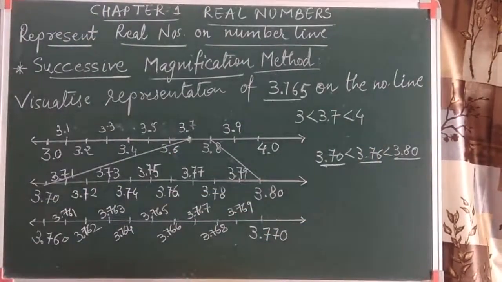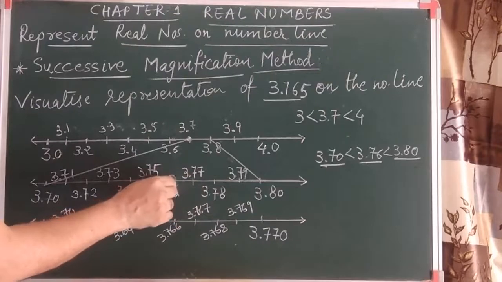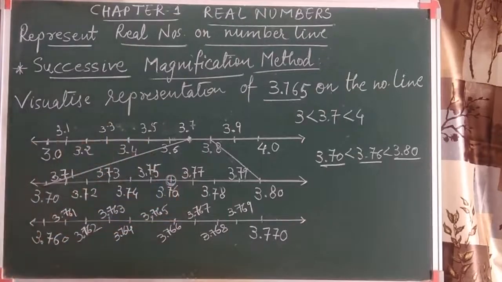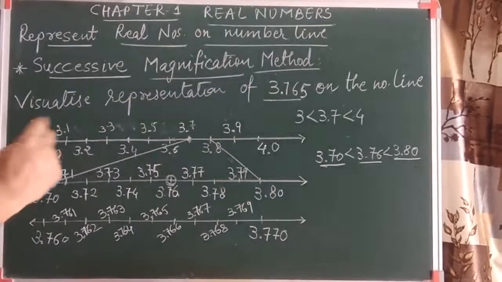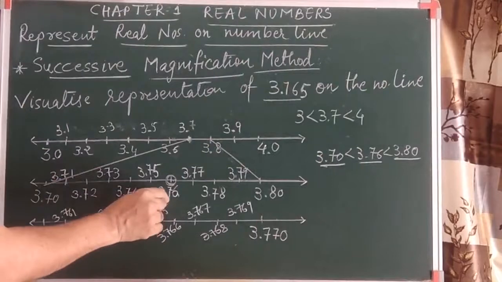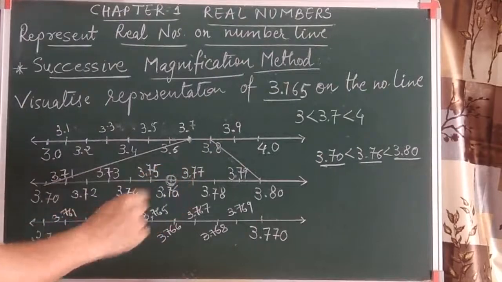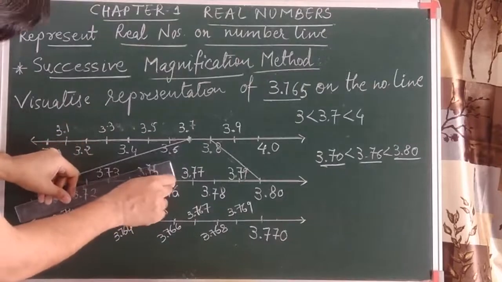So 3.76 lies here. Now the next number is 3.765. It is again the same thing: 3.765 lies between 3.76 and 3.77. So again we draw 10 lines.